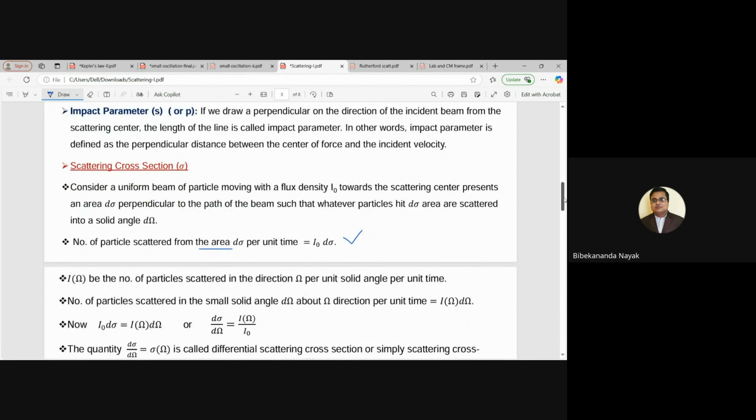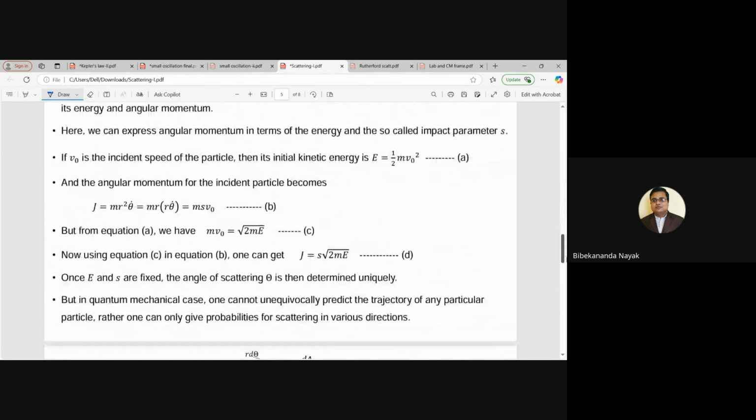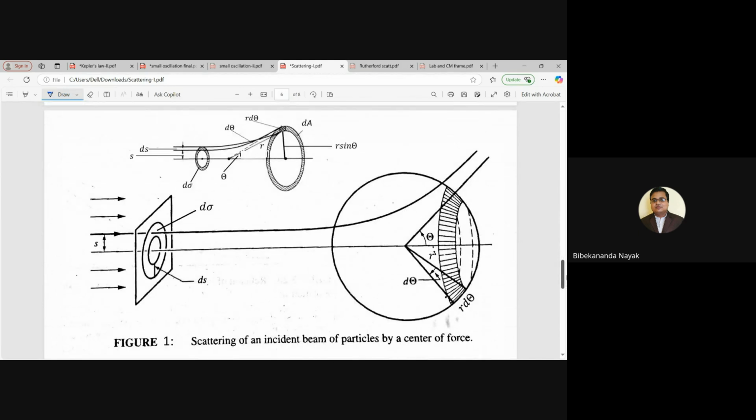Okay, we can see the figure. Suppose incident beams are coming here, and there is a center of force here. So the particles are affected by this. This distance is your impact parameter, in the direction of the beam, and the distance to the center of force.